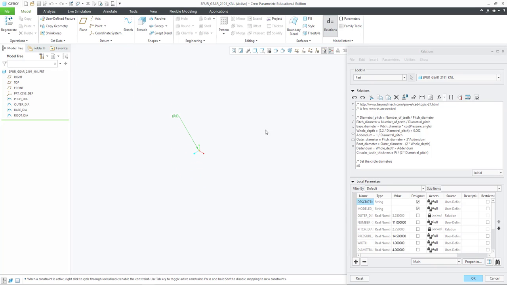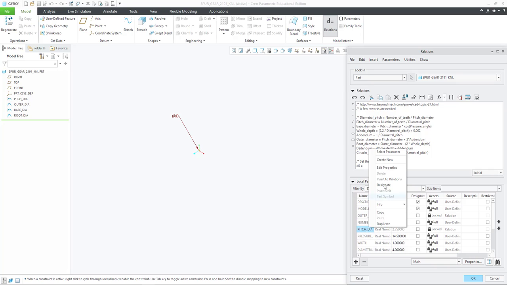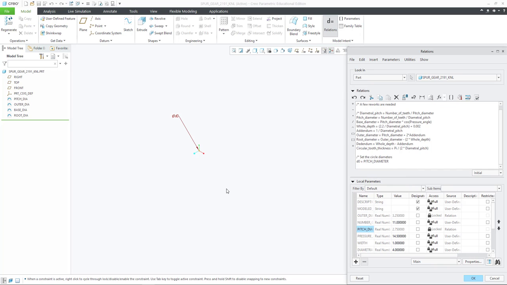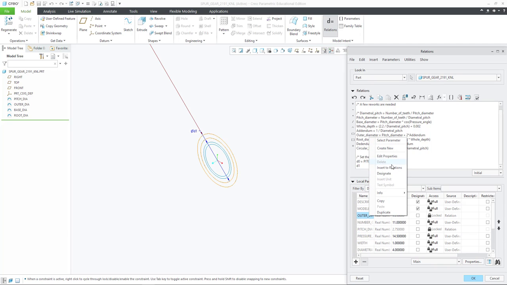Well, that's way out there. So D0 equals pitch diameter. D1 equals outer diameter. Oops.